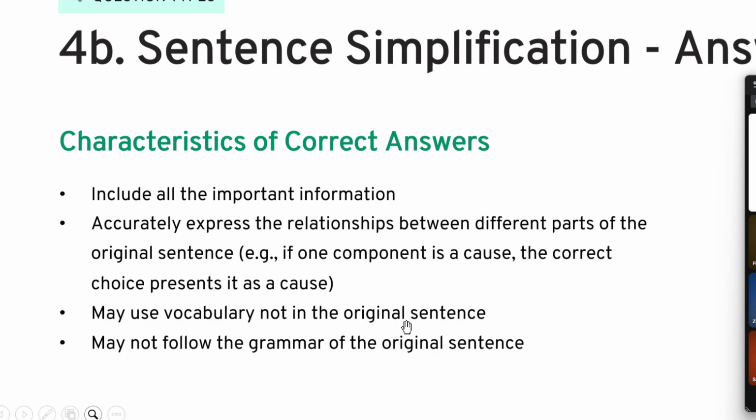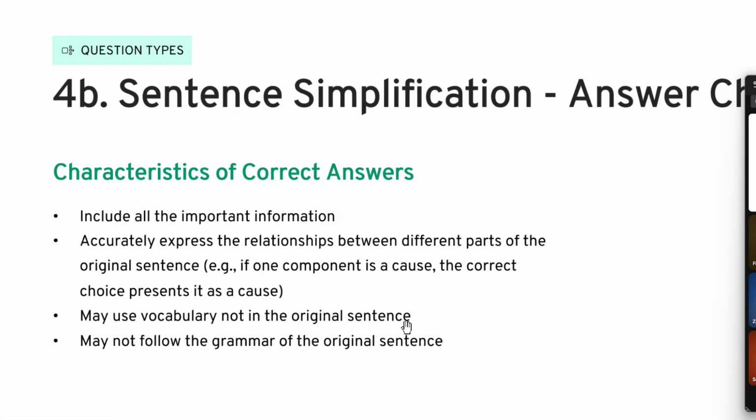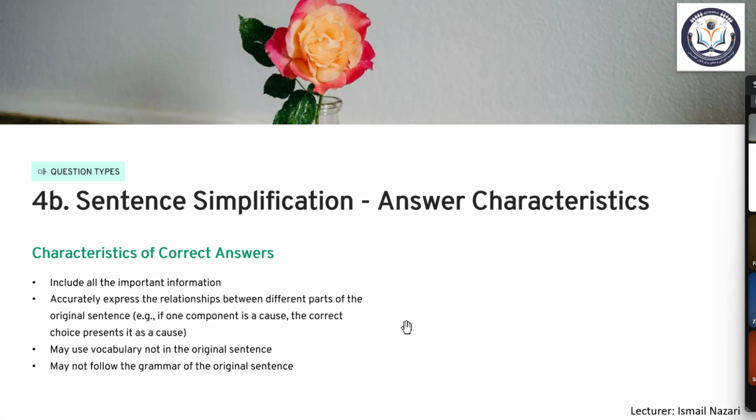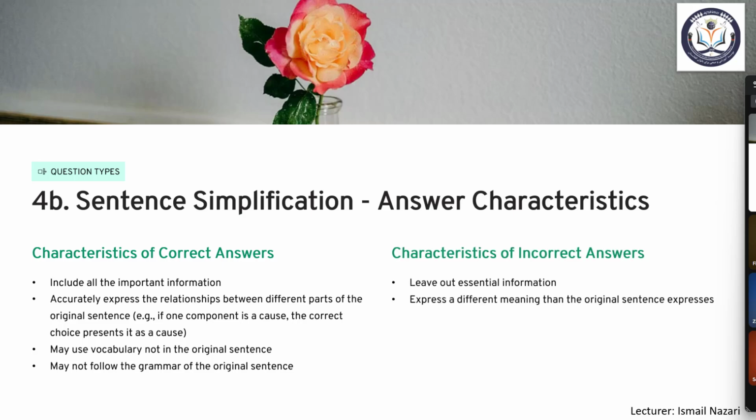So with every paraphrase, they may use different vocabulary or different structure to tell a similar idea. So basically, to conclude, the correct answers will include all the important information. Secondly, they will express the same relationship as used inside the highlighted sentence, and the correct choice may use different wording or different grammatical structure to convey the same message. These are the correct choices.